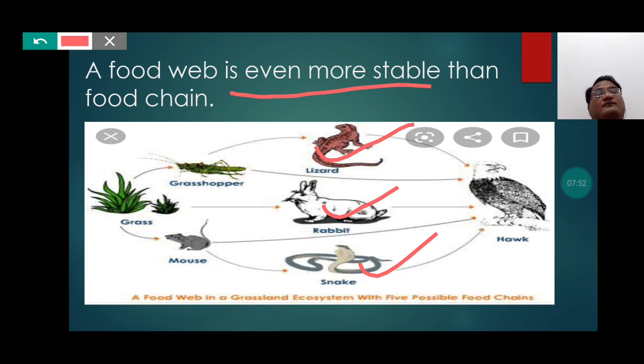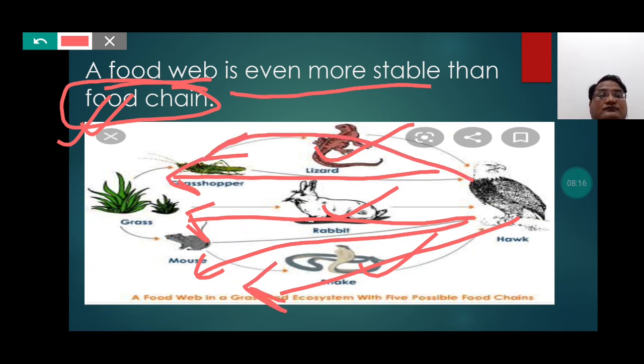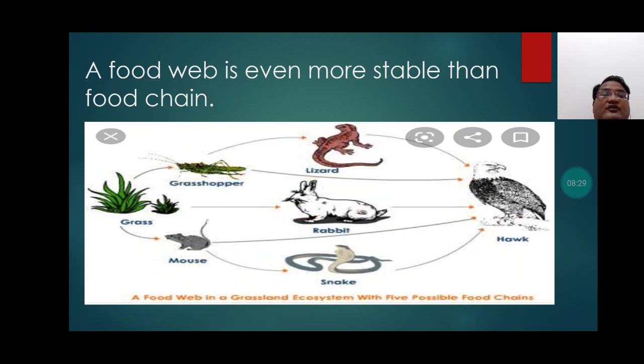In the food chain a limited number of organisms are present, so we can say the food chain is less stable in comparison to the food web, where a huge number of organisms are interconnected with each other and obtain their nourishment. So even if we remove one of the organisms, the food web still manages to remain stable and does not get disturbed.